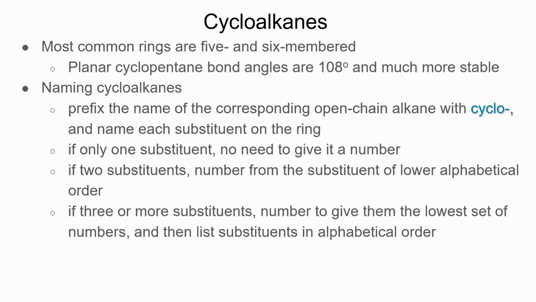So the most common cycloalkanes that actually do occur in nature are 5 and 6-membered rings. Nature loves 5 and 6-membered carbon rings, and we find tons and tons of those. If we go to that 5-membered ring, it looks like a pentagon, and that planar cyclopentane, we're going to look at some structures of cyclopentane more in just a minute.